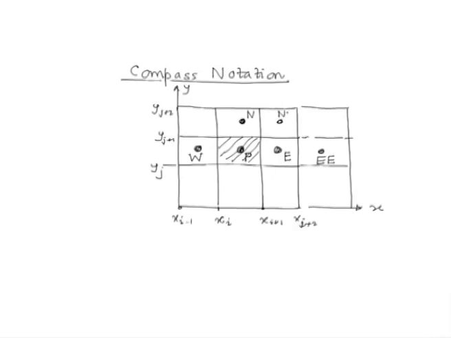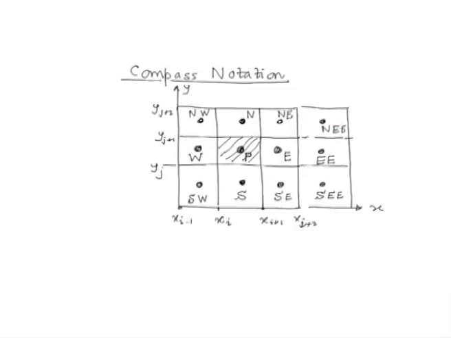This becomes NE, then the computational node NW. In the negative y direction toward the southern side, this becomes our computational node capital S. This is computational node capital SW, capital SE, so it will become capital SEE, NEE, and so on.